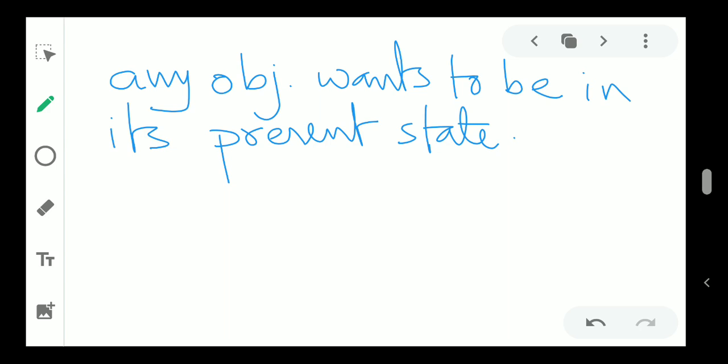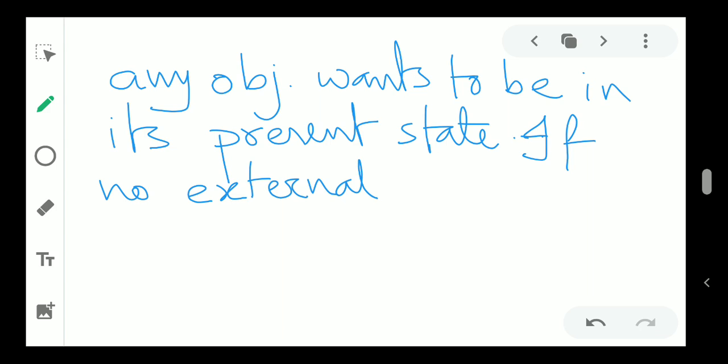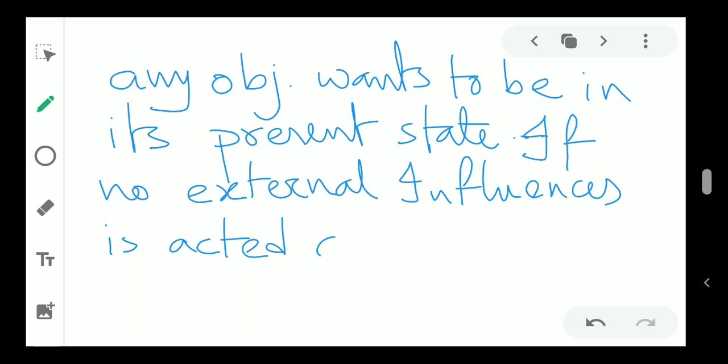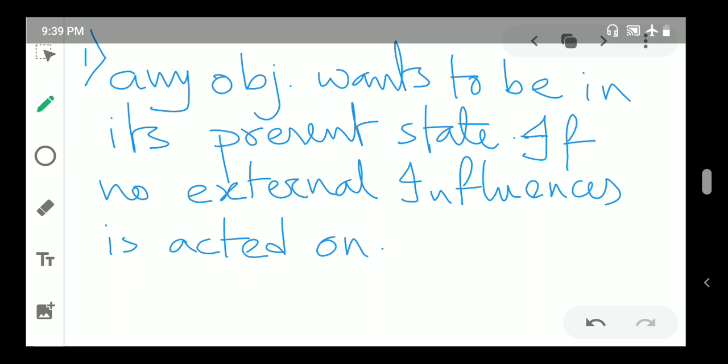So that means whatever the initial velocity is, that will be the final velocity forever, provided no external forces. Now I'm not using the term force because I will come to that, so I'm writing influences. So if no external influences are acted on it, this is basically the first law of Newton, right?